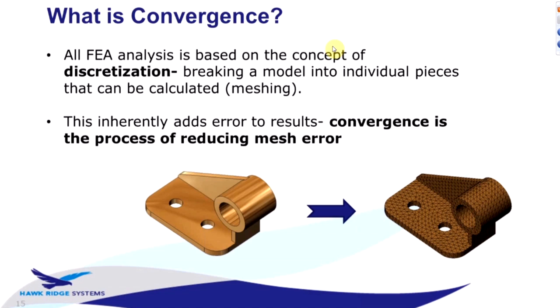So the smaller the pieces are and the more of them we have, the more accurately we're going to be able to match the original geometry. And as we approach the true shape of that original geometry, we are, of course, experiencing convergence. So convergence is just the process of reducing the error in your simulation due to the mesh, because we're mapping that real geometry better than we were.